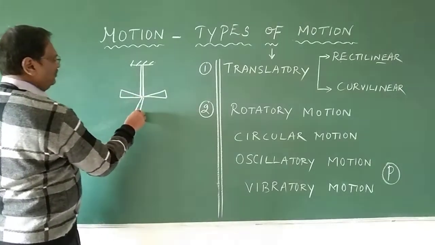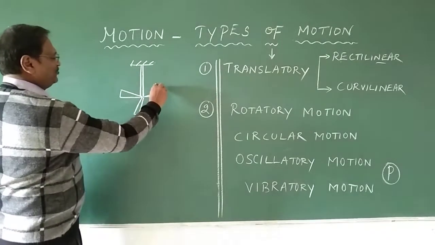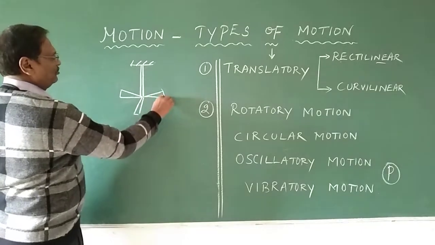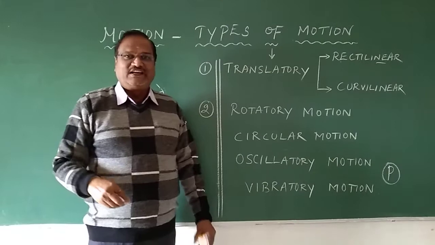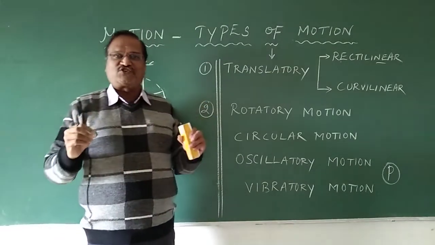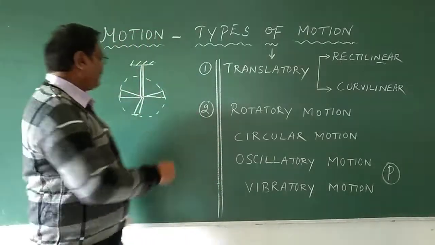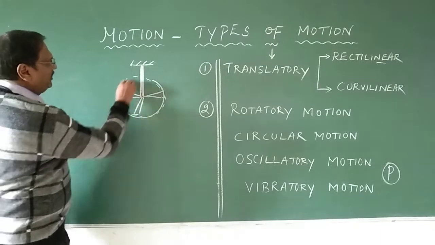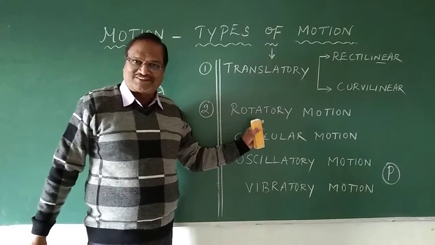Now, the fan is rotating, the wings are rotating. It is rotating with respect to that. A body which is moving with respect to an axis. This is the axis. With respect to that, it is rotating, and this motion is called rotatory motion.